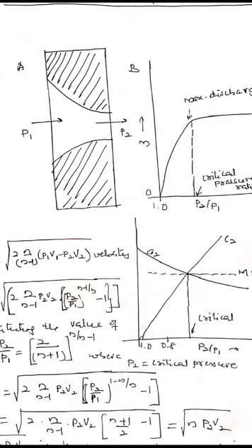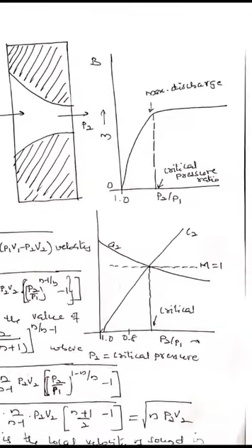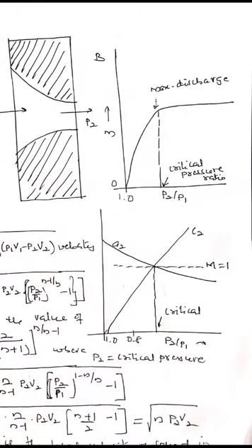Now, by gradually reducing the pressure P2, the flow rate through the nozzle goes on increasing.